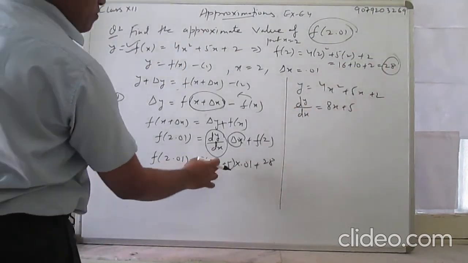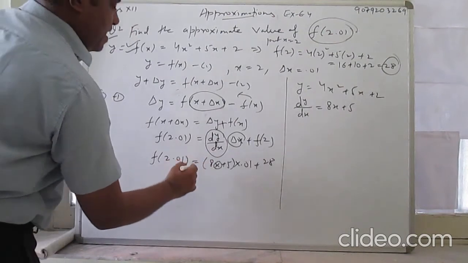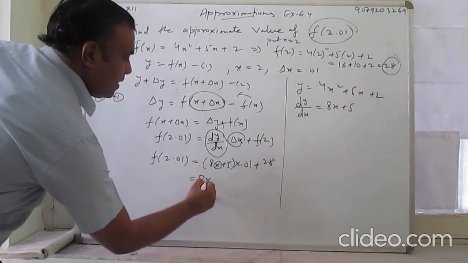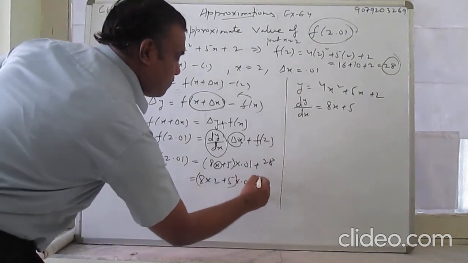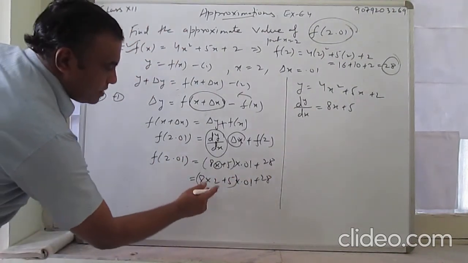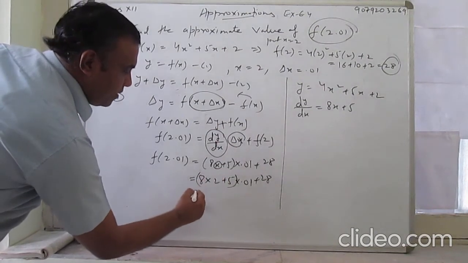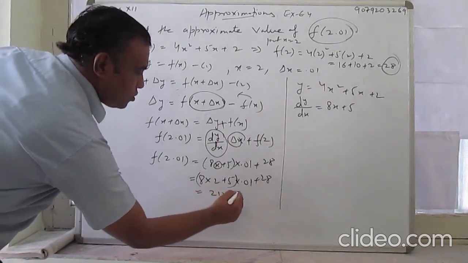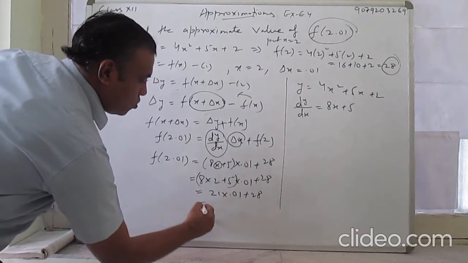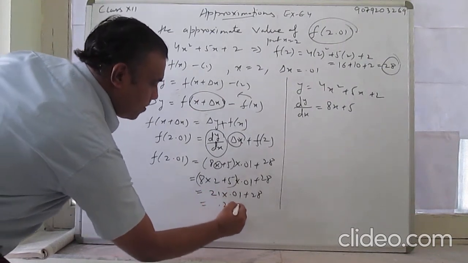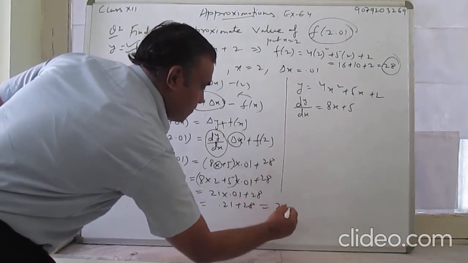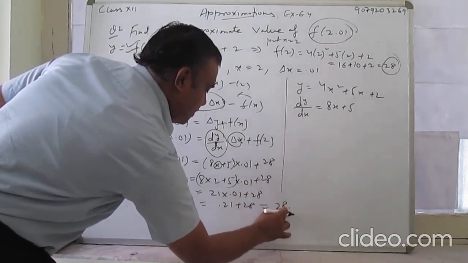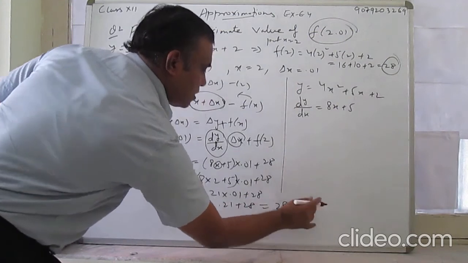Now putting the value of x, which is 2: (8 into 2 plus 5) into 0.01, plus 28. It is 16 plus 5, 21, into 0.01, plus 28. So 0.21 plus 28. 28.21 is the answer.